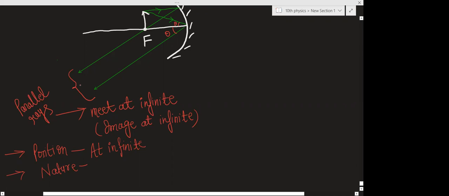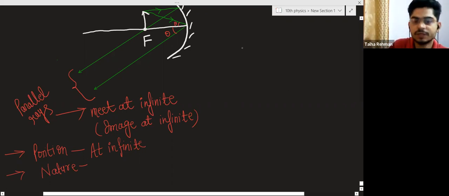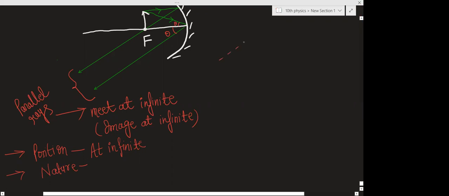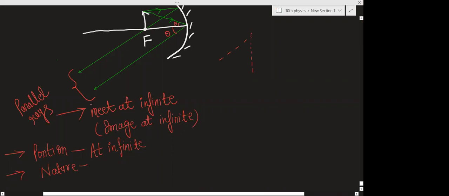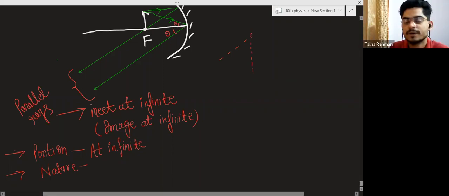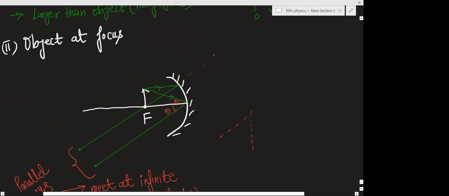No, here the rays are not appearing to meet. Appearing to meet is like this. These rays will meet, but at infinity. Appearing to meet is when you draw it like this, and like this.